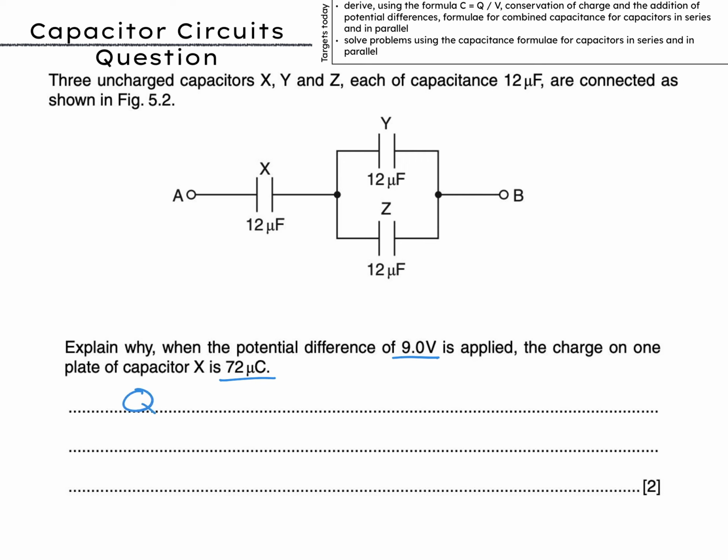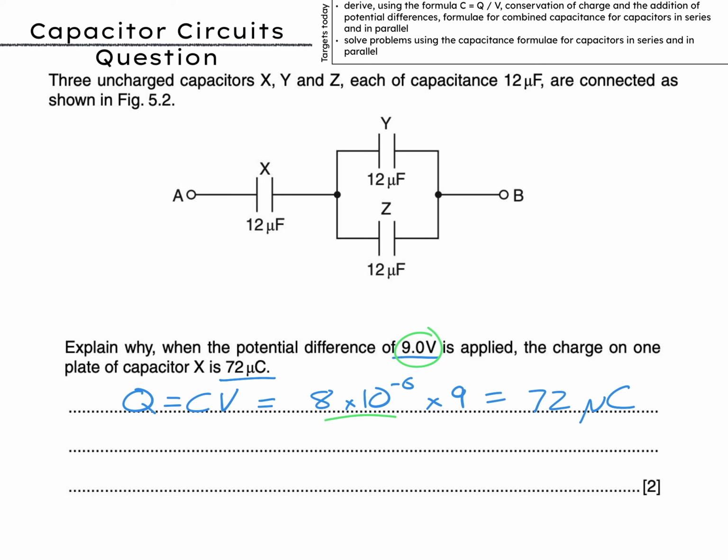We can just use Q equals CV equals 8 times 10 to the minus 6 times 9, which comes from our previous answer and the PD here. Careful that you don't just write 8 times 9 here, ignoring the power of 10. But that only gets 1 mark.